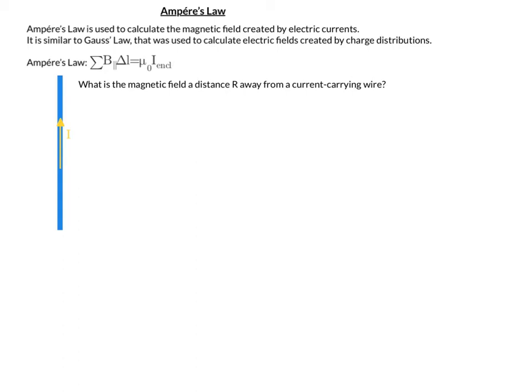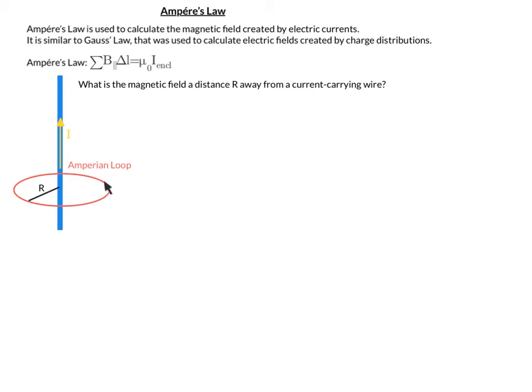Let's say that we have a current carrying wire, and I'm just going to use a long straight wire, and the current is going up through it. And the question is, what is the magnetic field a distance r away from a current carrying wire? So r away can mean anywhere along a circle around current I. So we draw an Amperian loop at that location.